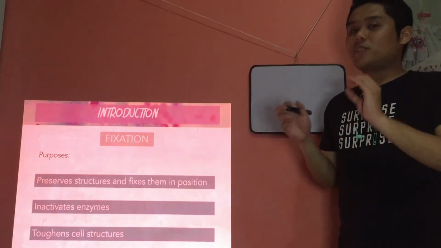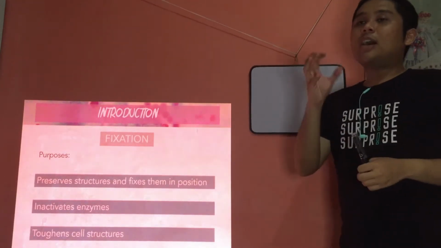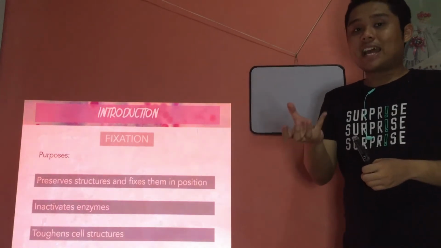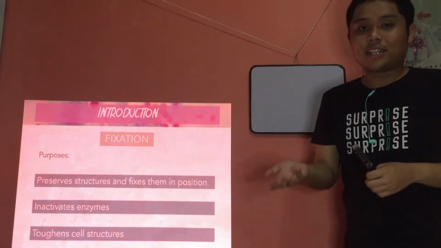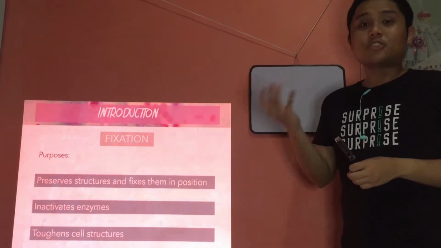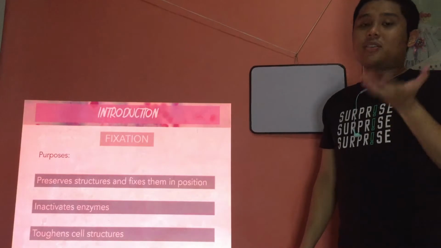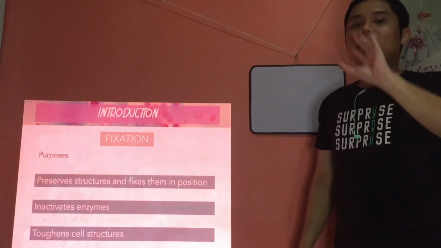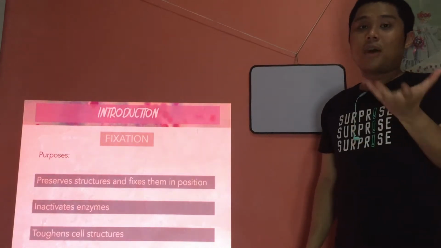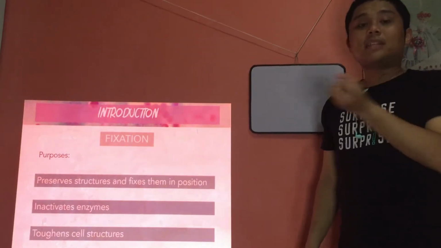If they are not preserved, the reagents used in staining can destroy your organisms. Once destroyed, we cannot see them under the microscope. That's one of the main purposes of fixation: we need to preserve the structure to prevent it from deteriorating.